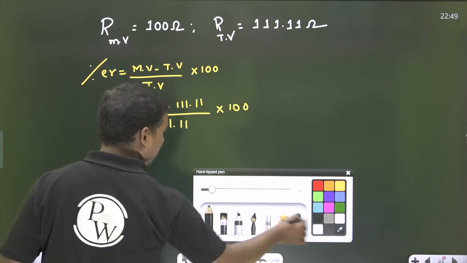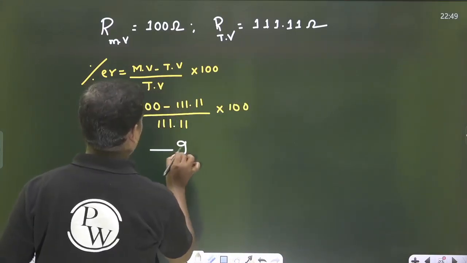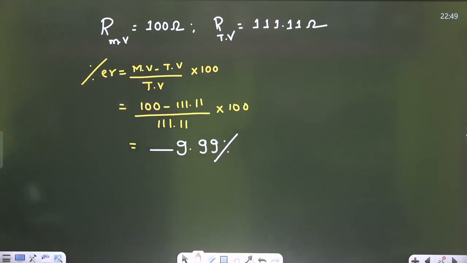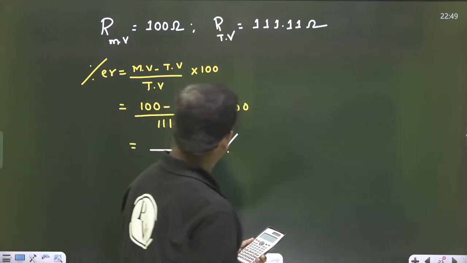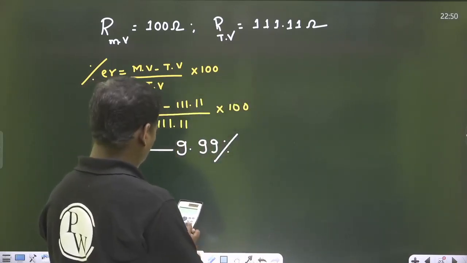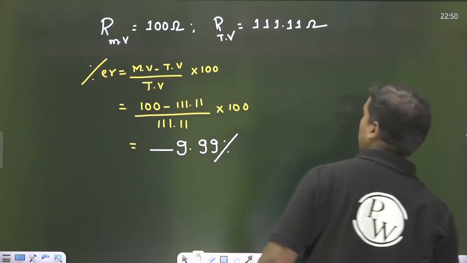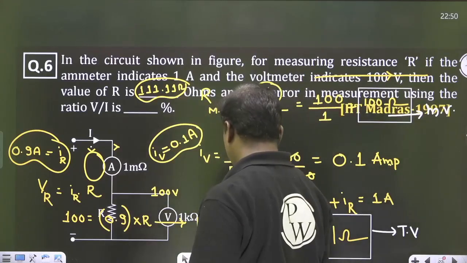Minus, because the measured value is lesser. The answer here is minus 9.99.